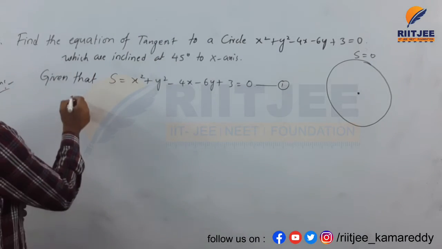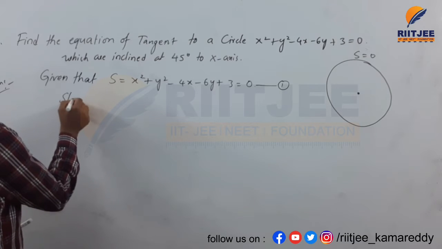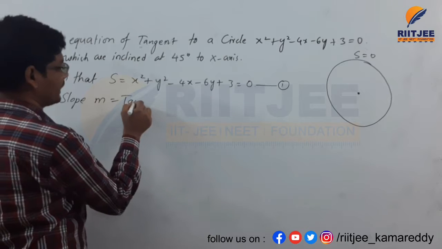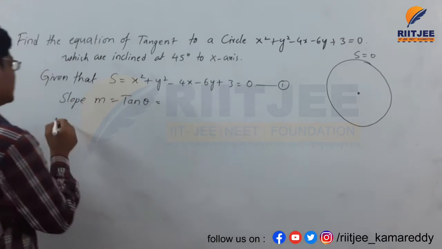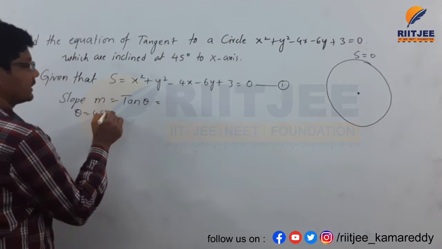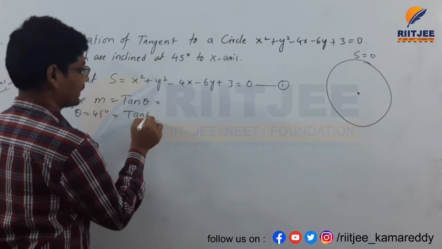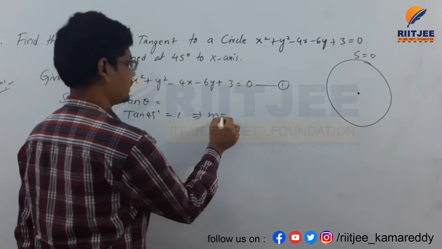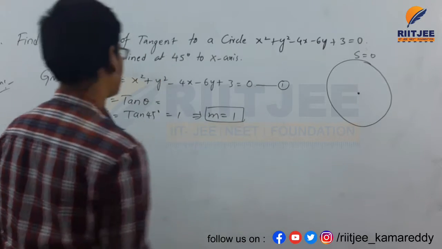He has also given the slope. Slope is m is equal to tan theta. Here theta is 45 degrees, tan of 45 degrees is equal to 1, therefore m is equal to 1. Here we got the slope.